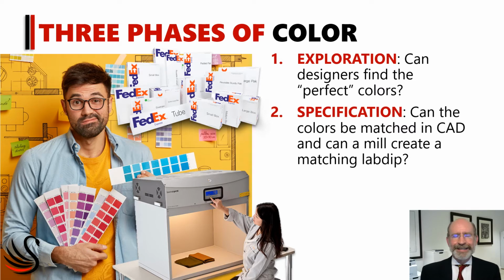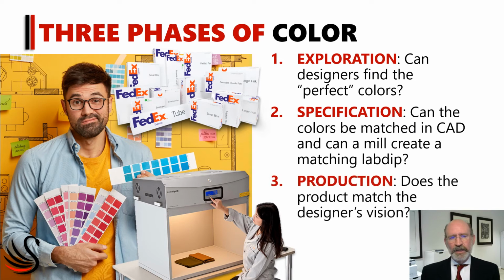Once those colors are selected, then it's a matter of specification, either in a CAD system so that the croquis can be built, the line plans can be built, the 3D assets can be rendered in the software, or sending those colors out to the mills to dye fabric that match those specifications. And finally, we get into production when the mills are actually producing lots and lots of fabric that goes into the garment, not just mere lab dips.